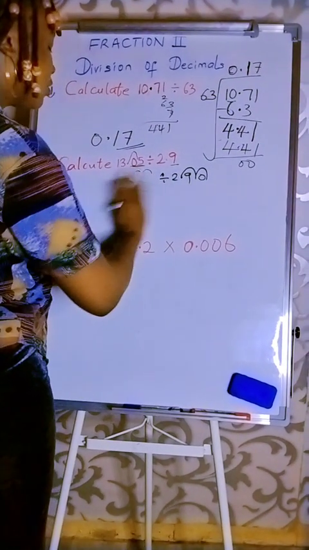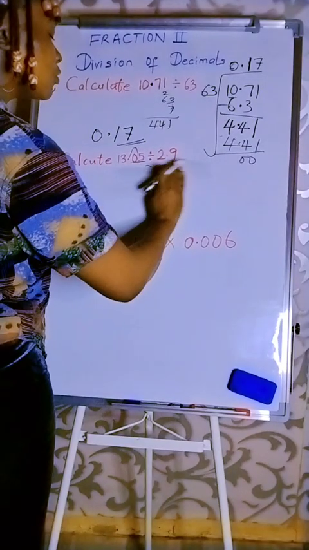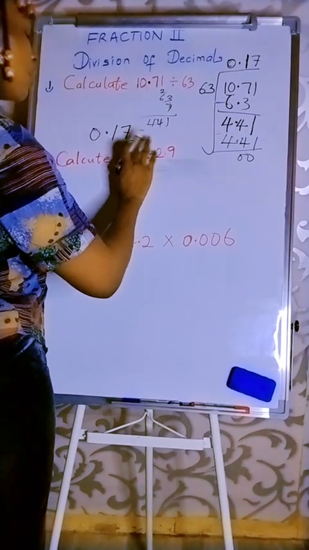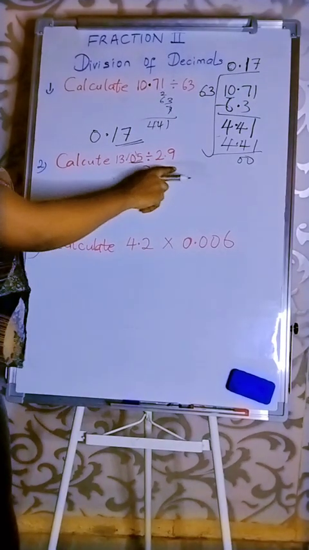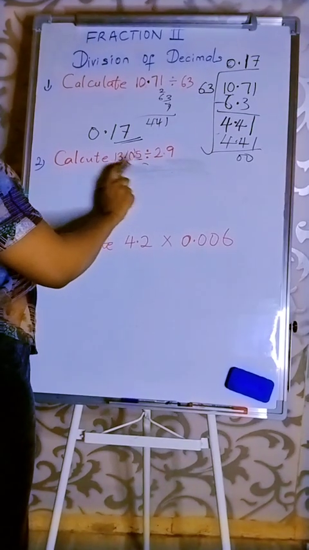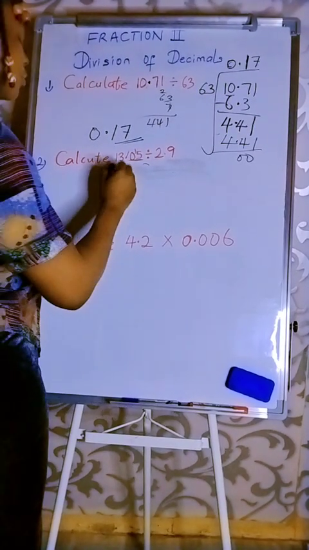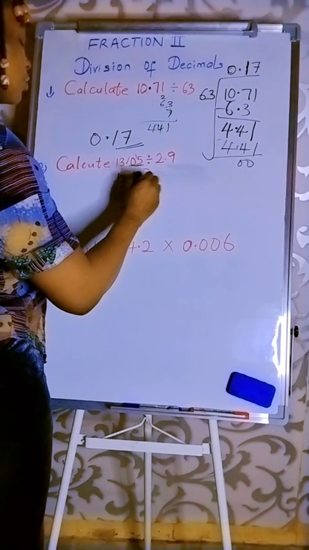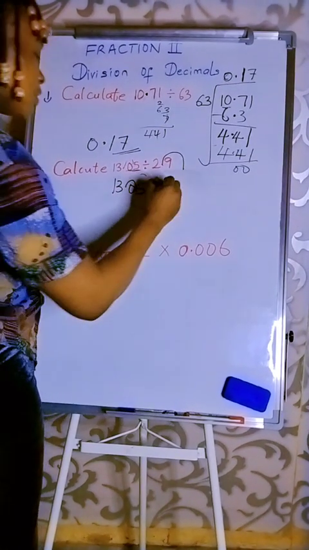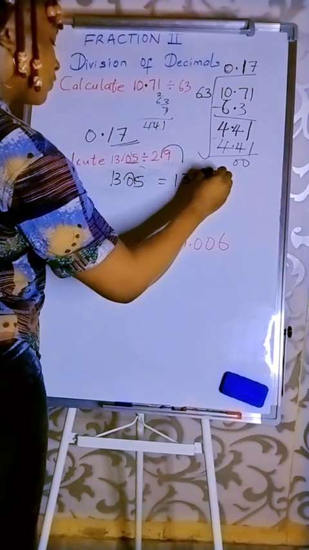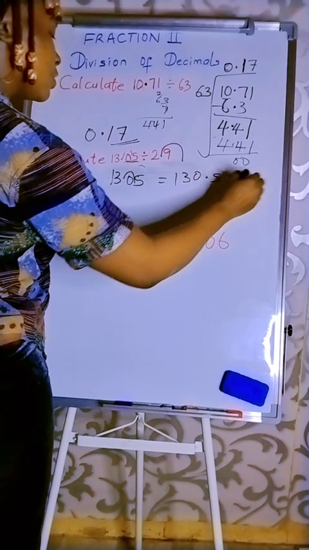Or you can also use this method. This one will be a little bit broad. Just count one place, because here we need to remove the decimal to become 29, a normal number. And this, that means what are you counting? Just one place. So this is shifting to 130.5 divided by 29.